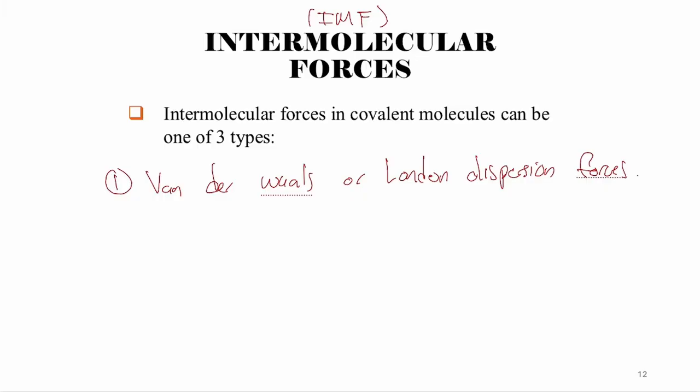All right, so you'll hear both of those used interchangeably, van der Waals forces or London dispersion force. Van der Waals, because he had an idea of what those were before we knew what atoms were, and London dispersion for the physicists that actually proved its existence.